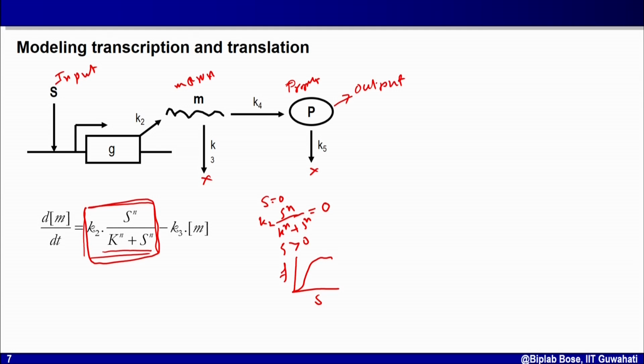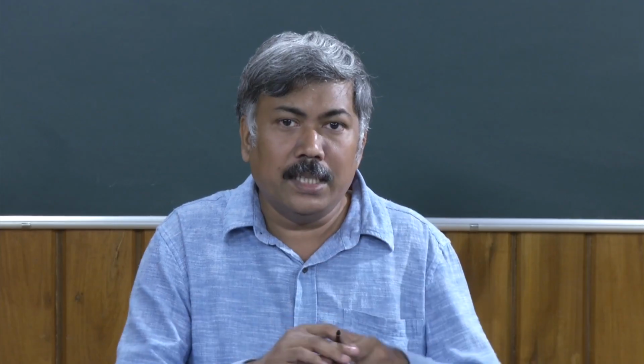So initially when s equals 0, k2 into 0, so the rate is 0, no transcription. As you increase s, s to the power n divided by k to the power n plus s to the power n, this Hill function will move towards 1 depending on the value of s in a sigmoidal fashion.